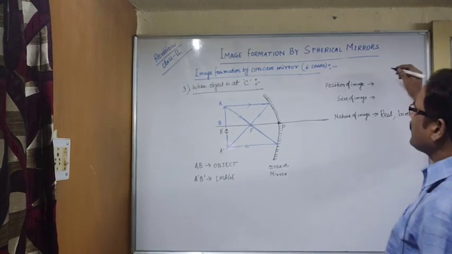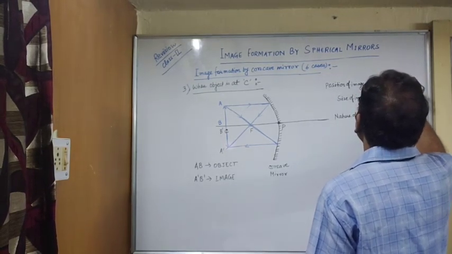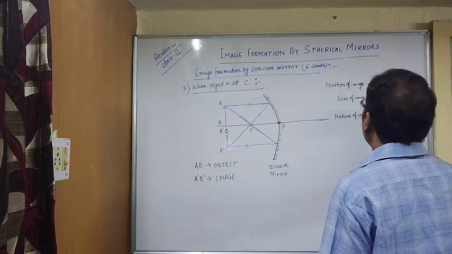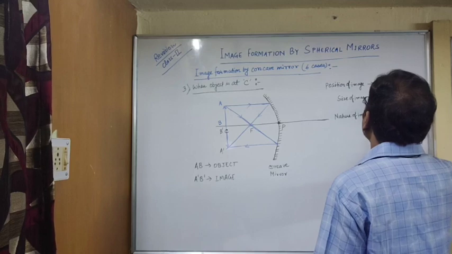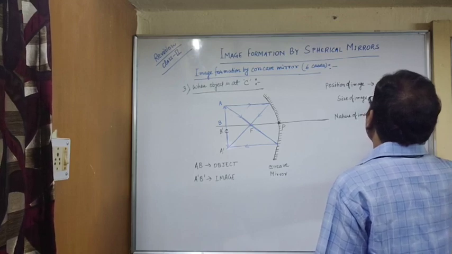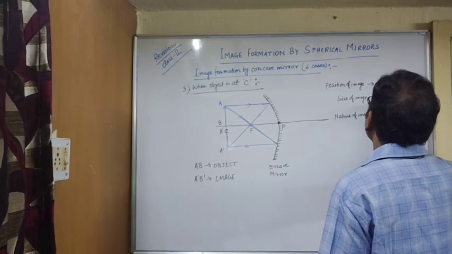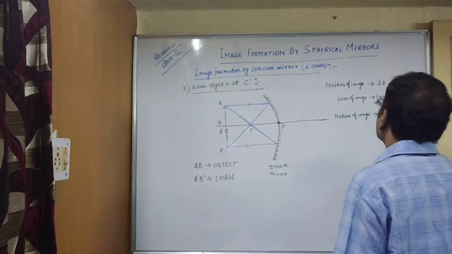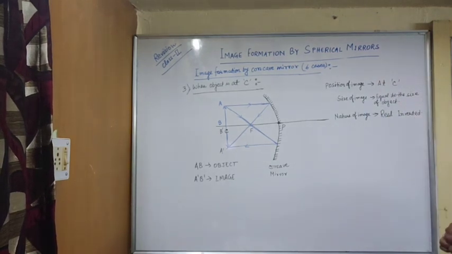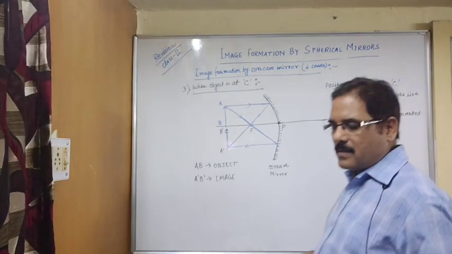Position of image is at C, at center of curvature, and size is equal to the size of object. So in this way we have drawn the third case.